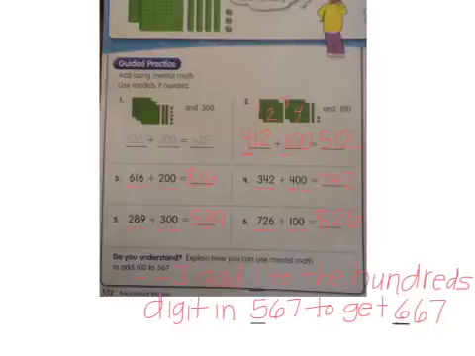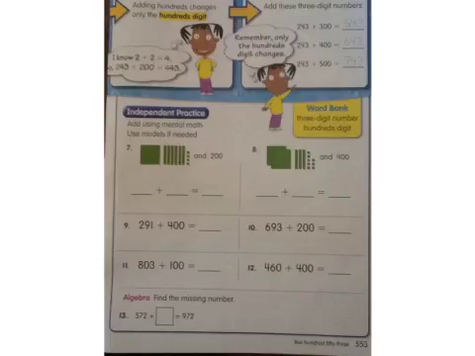Here we go. Independent practice. Add using mental math. Use models if you need to. Okay, so for number 7, you will write what this number is, okay, with the hundreds, tens, and ones, put it here, plus 200, you'd write 200 here, and then get your answer here, okay?